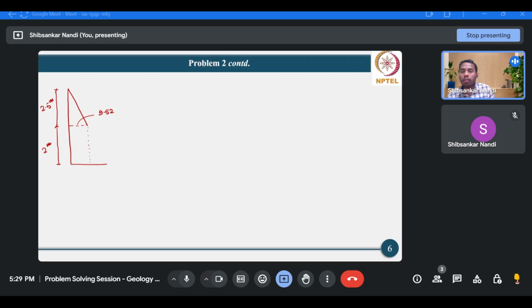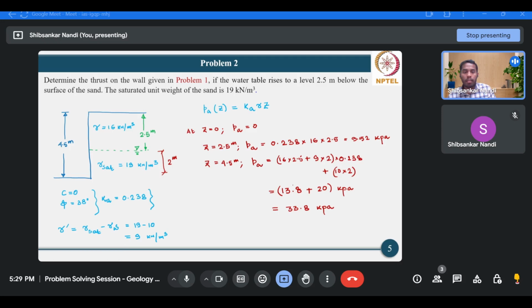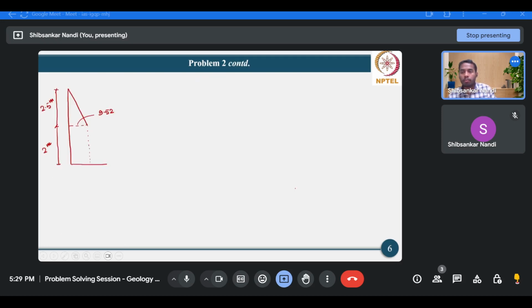Okay, the gradient will be different. So what is the value at base? It's 13.8.